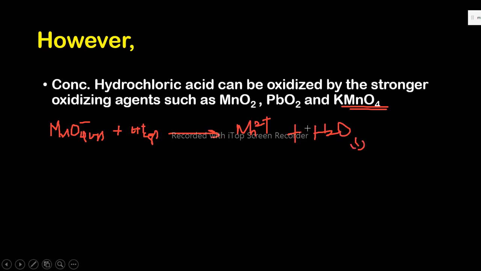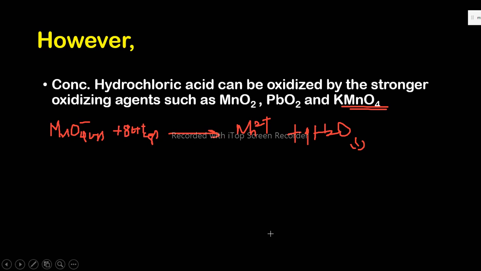Then we can put a 4 here. Why 4? I want to balance the oxygens, and if we put a 4, then we shall need to put an 8 here. Why 8? Because this is 4 times 2.